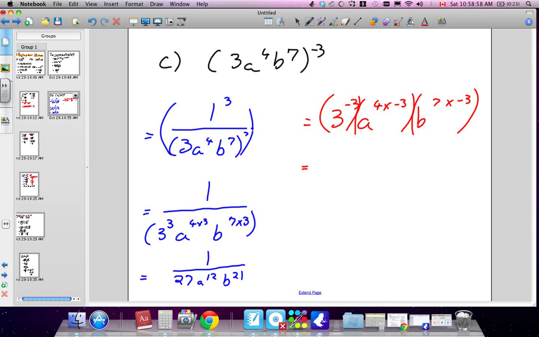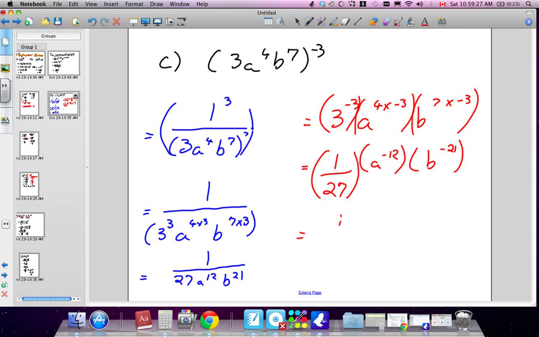I want to make 3 to the power of negative 3 a positive, so it's going to become 1 over, yeah, or just 1 over 27, you're right. If you could skip the step in your head, that's fine. It's 1 over 27. This one is going to become a 4 times negative 3 is what? Negative 12. And 7 times negative 3? Okay. Same idea though.